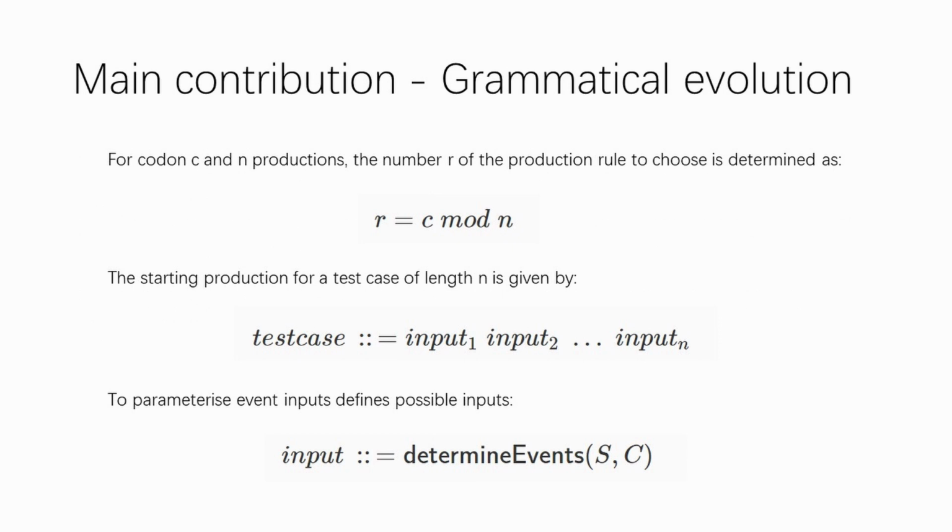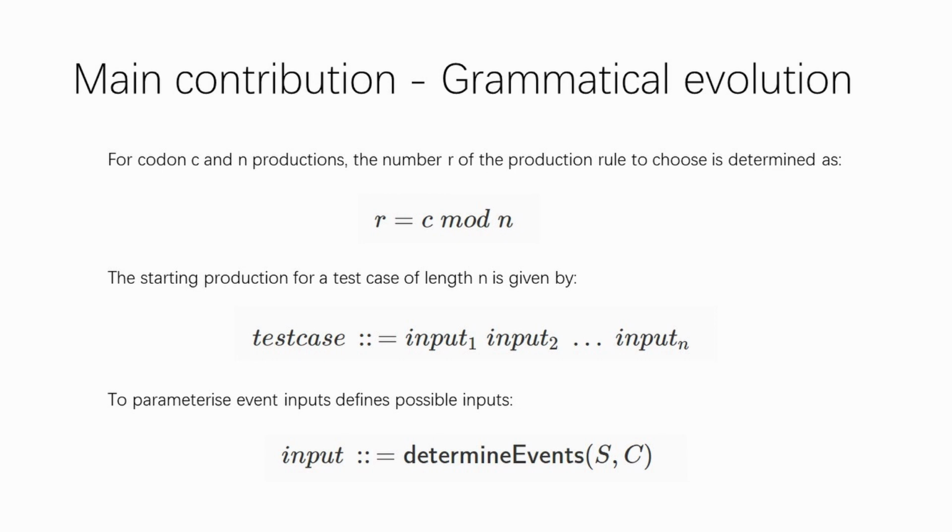The paper encodes Scratch tests using grammatical evolution. The genotype is typically represented simply as a list of integers, which are constants. For constant C and N productions, the number R of the production rule to choose is determined as in equation 1. In order to instantiate GE, we need to define a grammar that represents these tests.